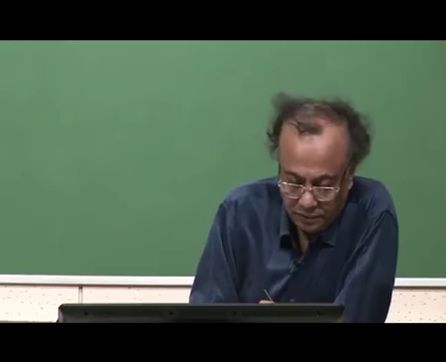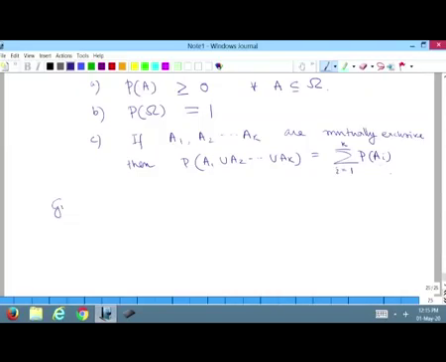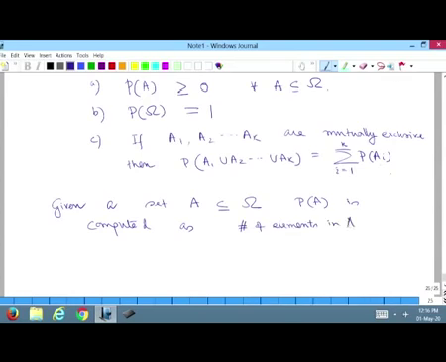In general, given a set A which is a subset of omega, probability of A is computed as number of elements in A divided by the cardinality of omega.